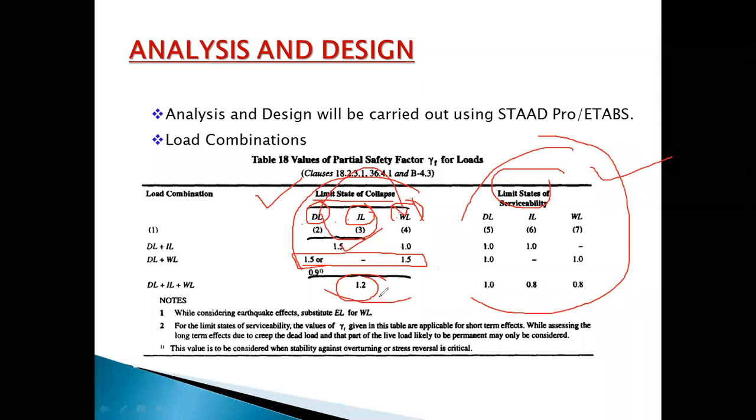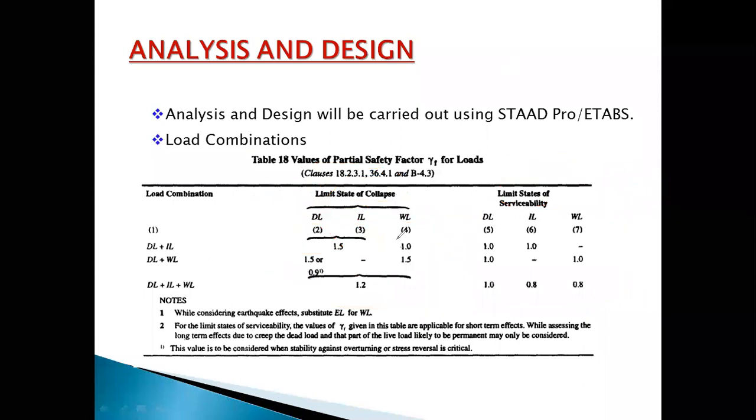Load factors of safety. And this is a very brief one about limit state of strength or collapse combinations. There are also some more combinations where you have to take 0.9 times of the dead load, and then 1.5 times of the wind or seismic loads, right? So this is another way.